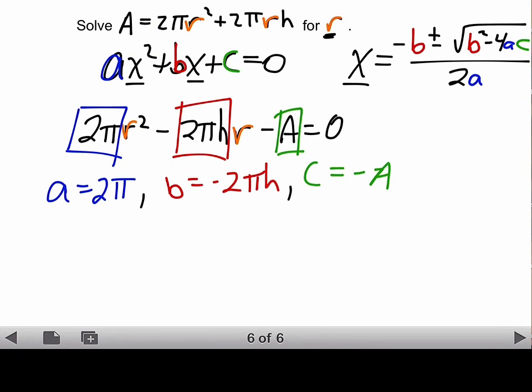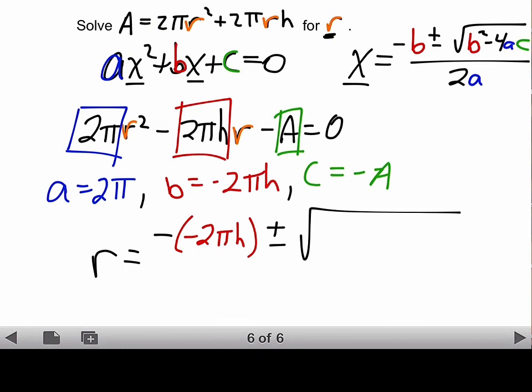So fleshing out the formula, we get not x equals, but r equals the negative of negative 2 pi h plus or minus the square root of negative 2 pi h, that whole thing squared, minus 4 times a, which is 2 pi, times c, which is negative uppercase a.